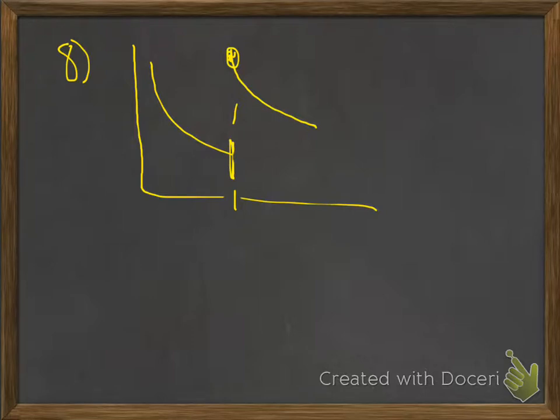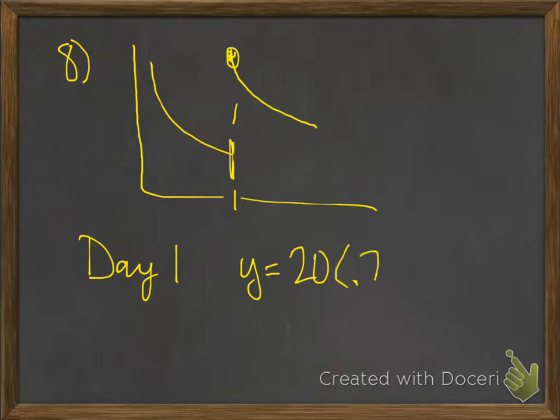If you do have questions, feel free to ask me when I see y'all next. Number 9 says, use what you have learned about step and piecewise functions in previous activities to restrict the domain of your graph. Sketch your new graph. On day 1, we're using the formula y equals 20 times 0.7 to the x minus 1 power.